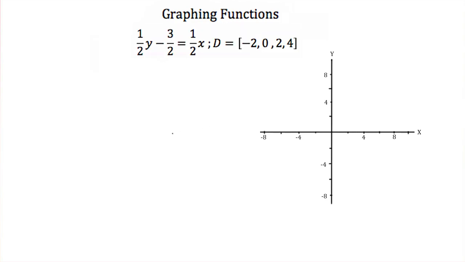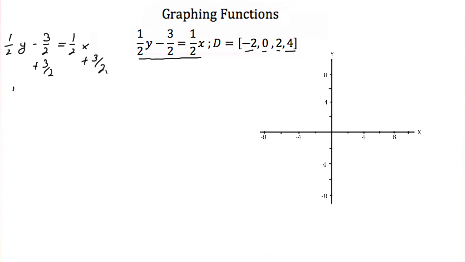The next function that we're going to graph is 1/2 y minus 3/2 is equal to 1/2 x. And again, we're given domain points of -2, 0, 2, and 4. But before we plug these in for x, let's simplify this equation so it's a little bit easier to do our math. So if we have 1/2 y minus 3/2 is equal to 1/2 x, I'm going to move this 3/2 to the other side, so we're going to add 3/2 to both sides.